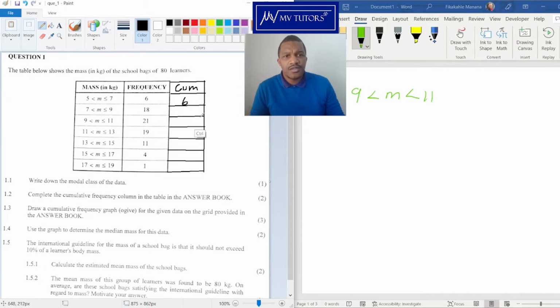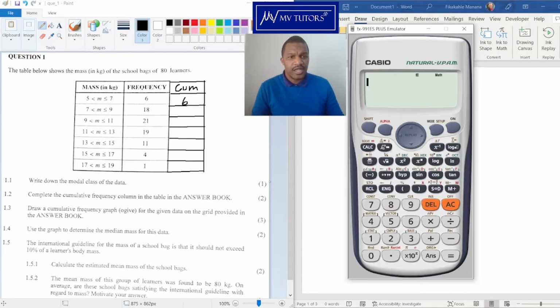It starts at 6. We have to add 18. Let's get a calculator. 6 plus 18, and we get 24. So we put 24 over there. 24 plus 21, and we got 45. Then plus 19, and we got 64.